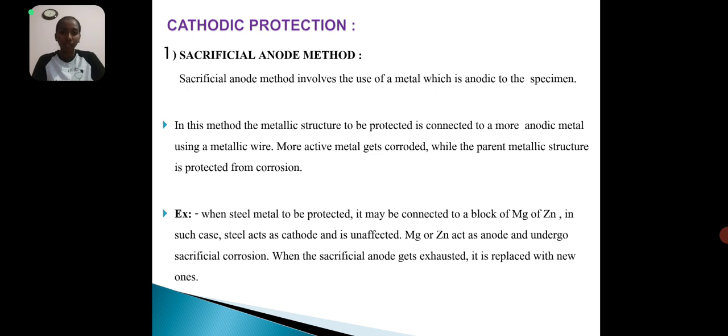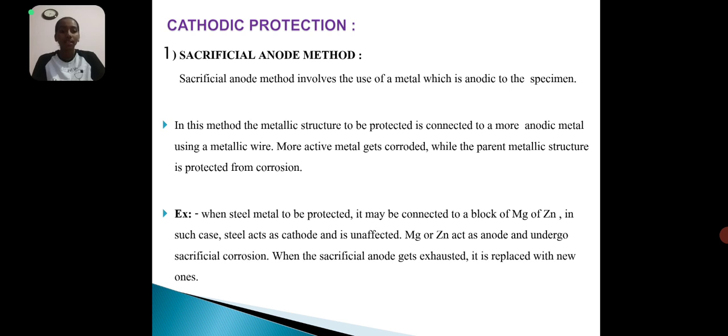More active metal gets corroded while the parent metallic structure is protected from the corrosion. Example, when steel metal is to be protected, it may be connected to a block of magnesium or zinc. In such a case, steel acts as cathode and is unaffected.